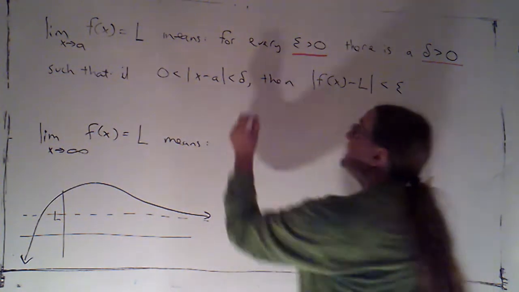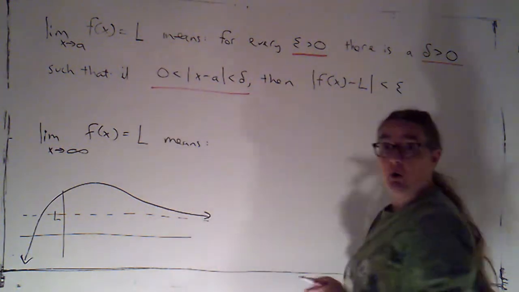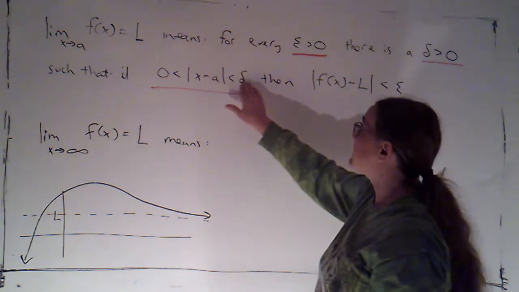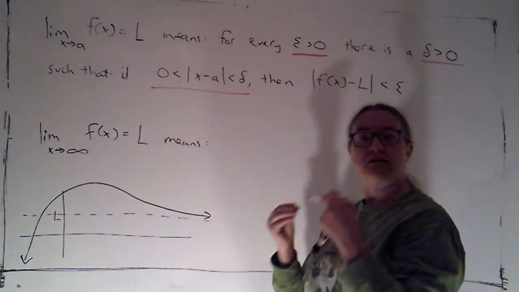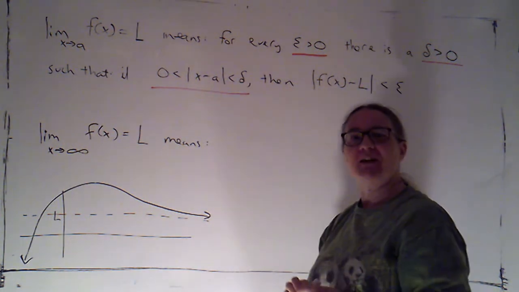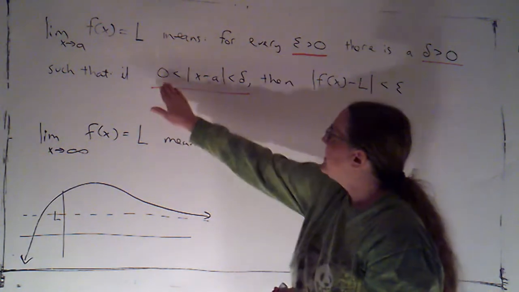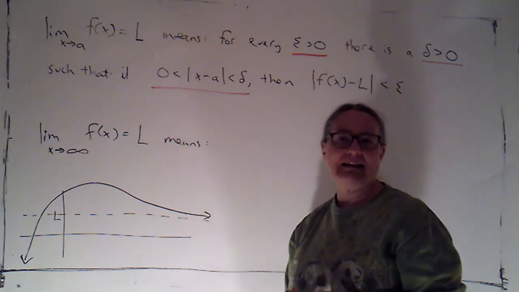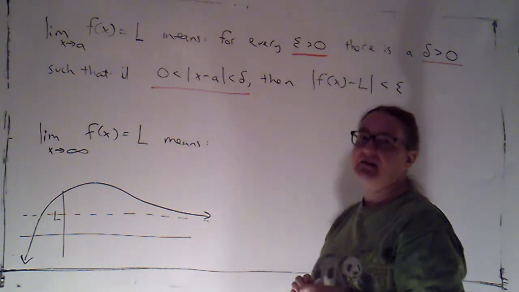Such that if this inequality holds, this says that the distance between x and a is smaller than delta, so that x is close to a, using delta as our standard of closeness. This part just says that x isn't a. The distance between x and a is a positive distance.